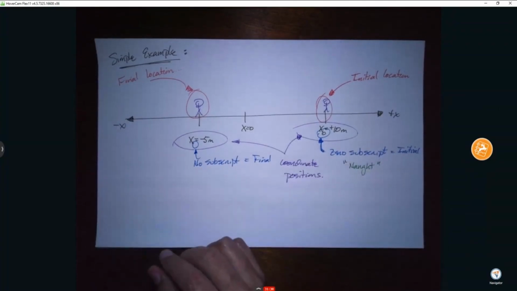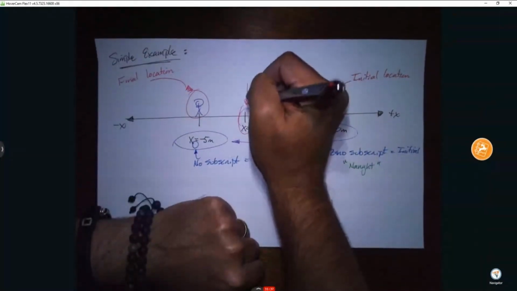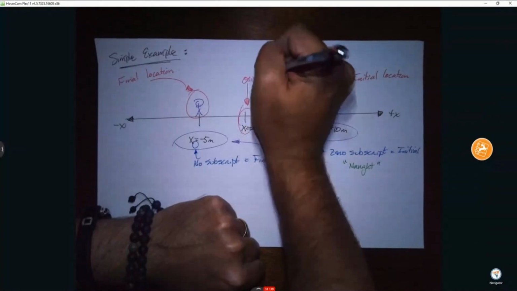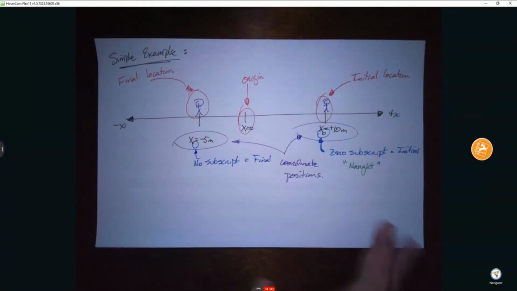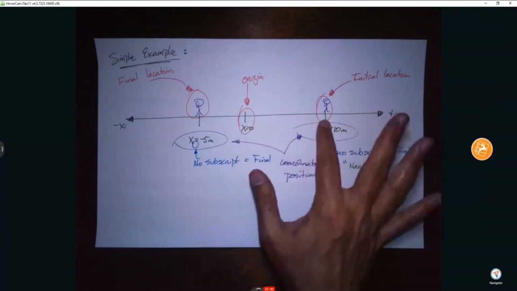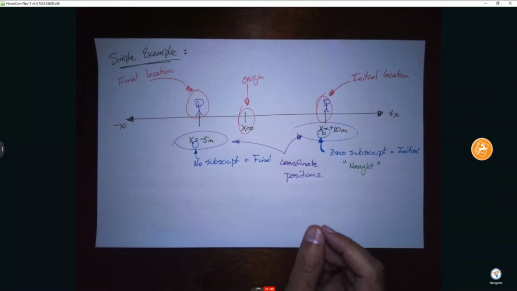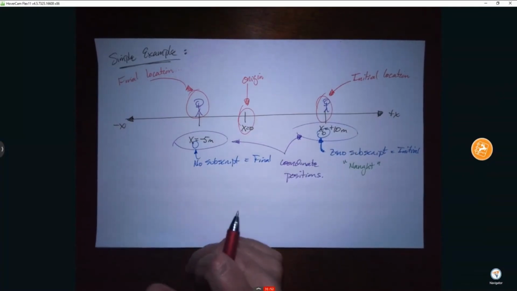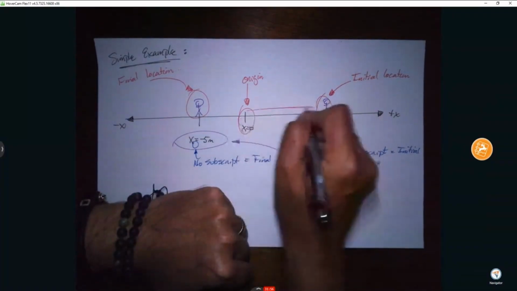And then, of course, when we talk about our position vectors, then what you're going to look at is that this is the origin. And the position vector is the shortest directed distance from the origin to the location of interest. And so then what we'll get is that we can draw in our initial position vector.